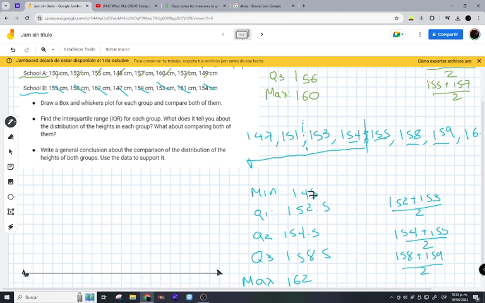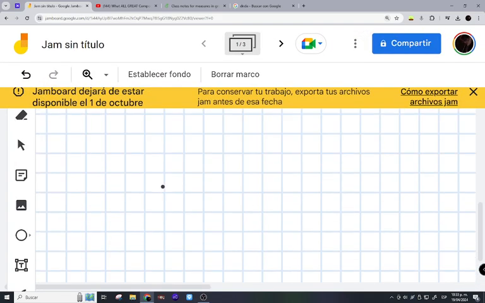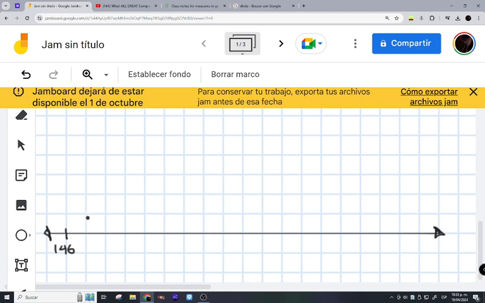You can start from there, but since I like working 2 by 2, so I am going to start with 146. I am going to try to do this as small as possible. 146, 48, 50, 51, sorry, 52, 54.